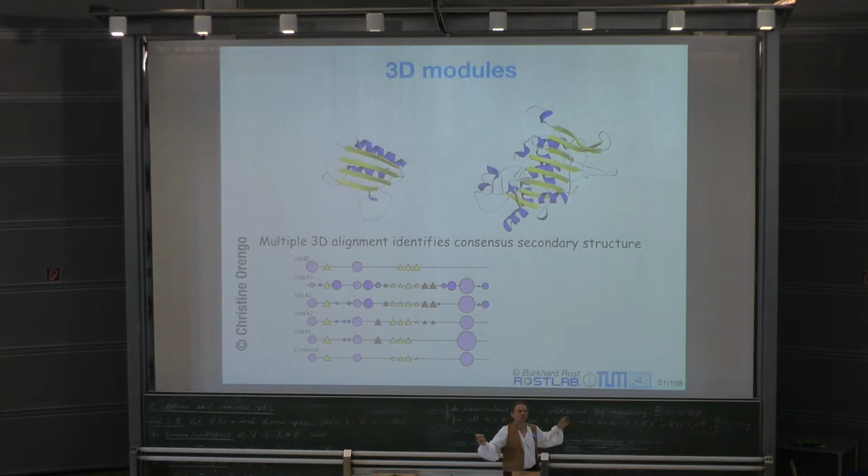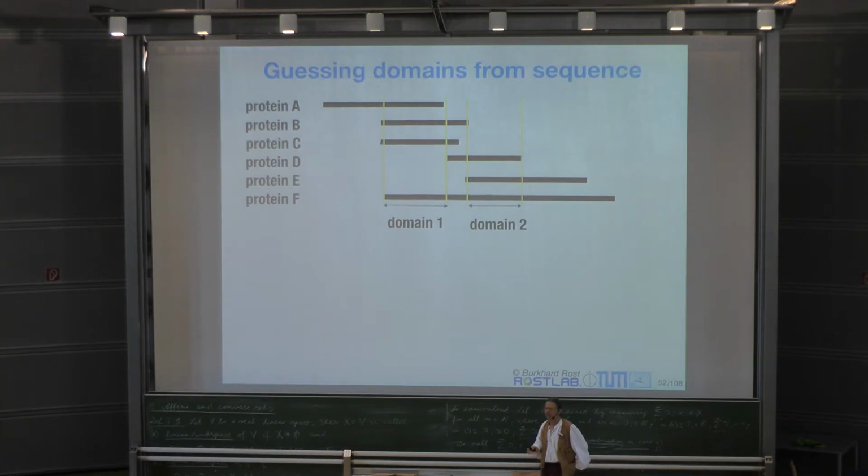Now, how could you, from the sequence, get at the identification of a domain? One idea is the following. I have 6 proteins here from, say, 6 different organisms. When I compare these 6 by their sequence, I can say that protein 1 starts here and ends here, and protein B from here to here.